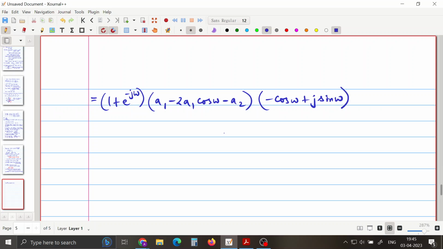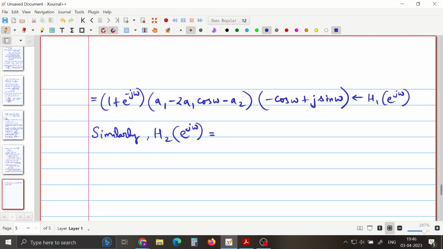Okay, so this is your h1 of e power j omega, and similarly for h2 of e power j omega, everything will be the same.